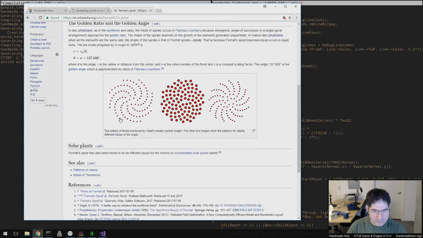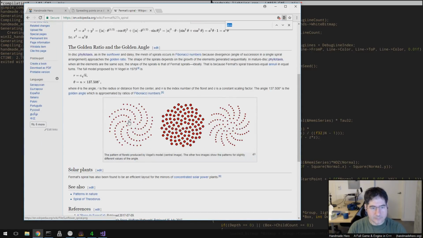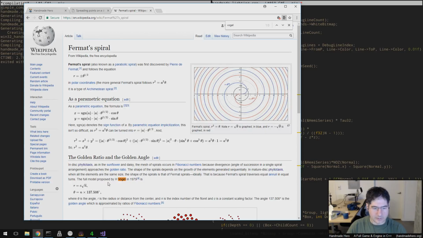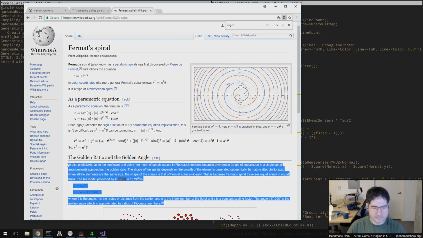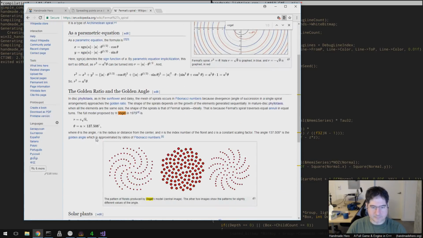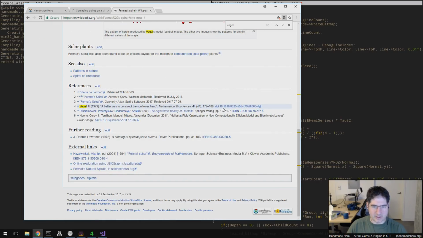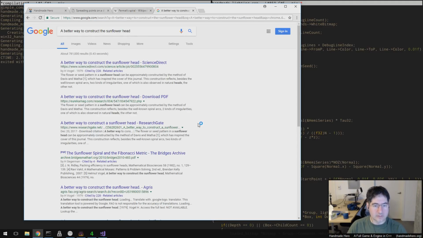should be, here it is. This is the actual method, and unfortunately I don't know if this actual paper exists anywhere in PDF form.